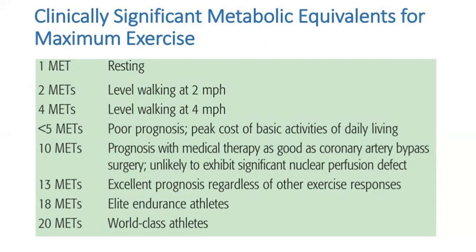Below 5 METs, poor prognosis, peak cost of basic activities of daily living. 10 METs, prognosis with medical therapy as good as coronary artery bypass surgery, unlikely to exhibit significant nuclear perfusion defects. 13 METs, excellent prognosis regardless of other exercise responses. 18 METs, elite endurance athletes. 20 METs, world-class athletes.